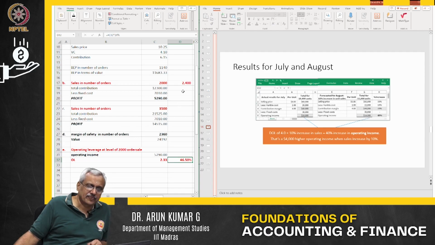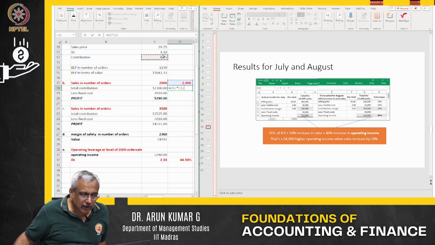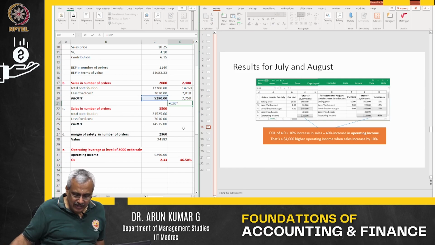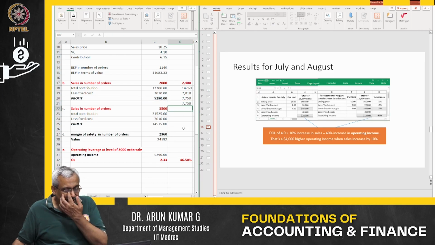Let us verify. How do we verify? Contribution, this into 6.25 contribution. Fixed cost, the same. My profit, let us see, is this. Is the increase in profit 46.50%? This is the profit last time, into 146.50%. Let me see, it is exactly the same.